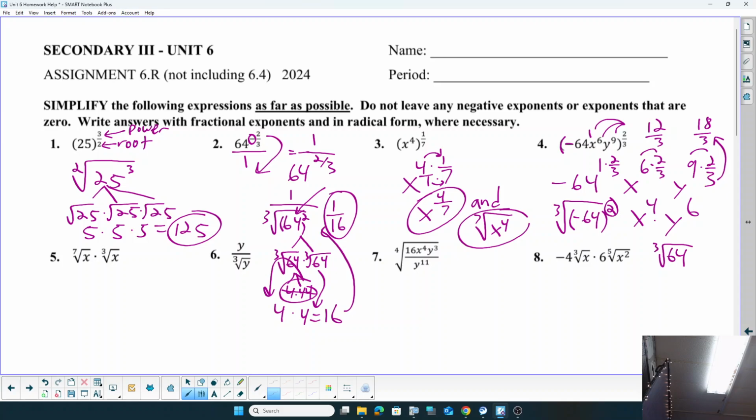Cube root of 64. And so squared, it becomes a negative times a negative, right? When you square it, it's positive. And then that breaks down into two of them. So the cube root of 64 times the cube root of 64, which is 4 times 4, which is 16. So we get a positive 16, x to the 4th, y to the 6. Don't forget to bring that down.